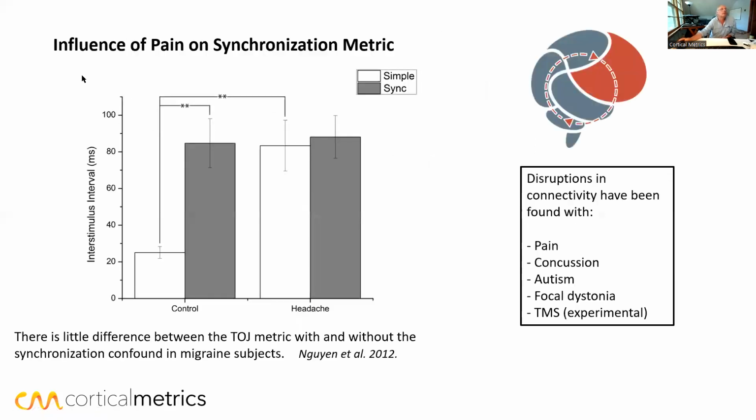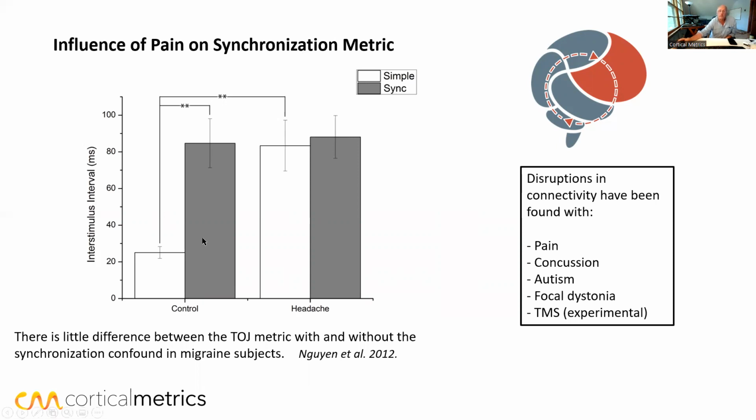So let's look at the influence of pain on a synchronization metric. These are chronic headache patients, and they were not having a headache while they were tested. Remember, this is, I'm sorry, this is temporal order judgment. And this is about 25 milliseconds for the controls, and then that went up to about 80 milliseconds with the conditioning stimulus.